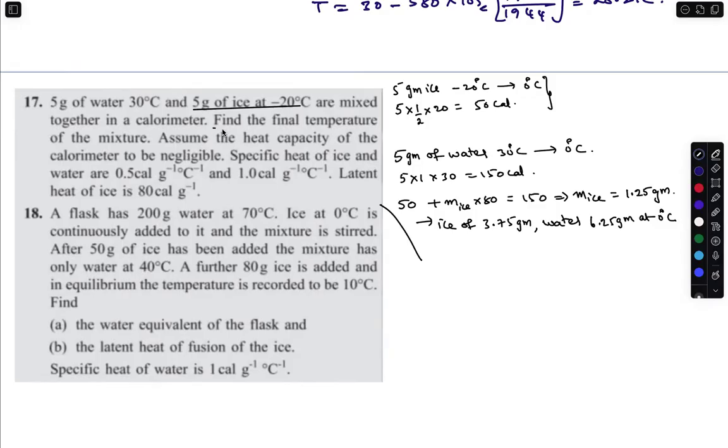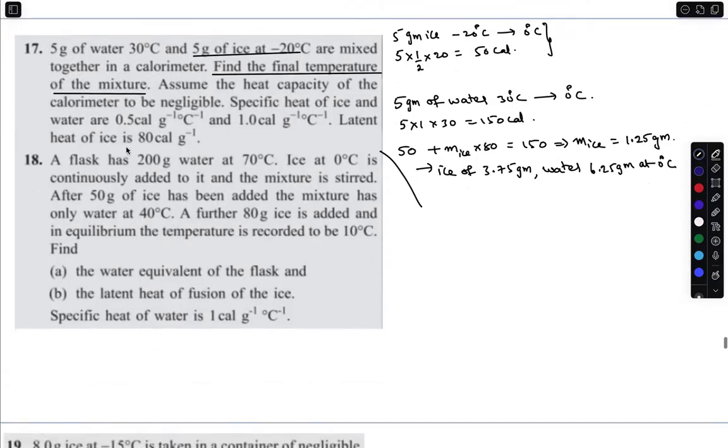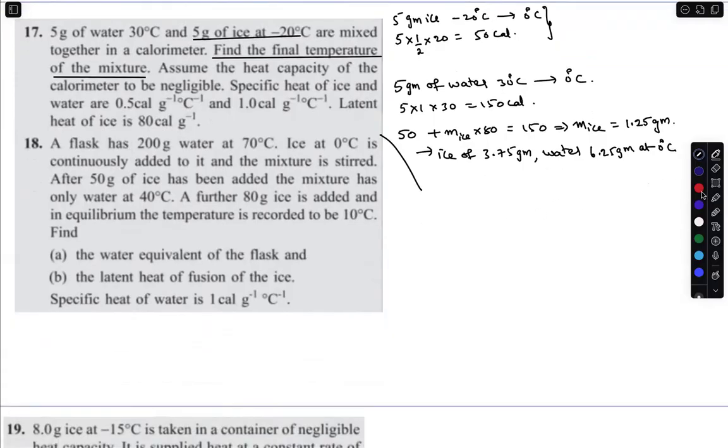So the final temperature of the mixture is 0 degrees centigrade. Right.